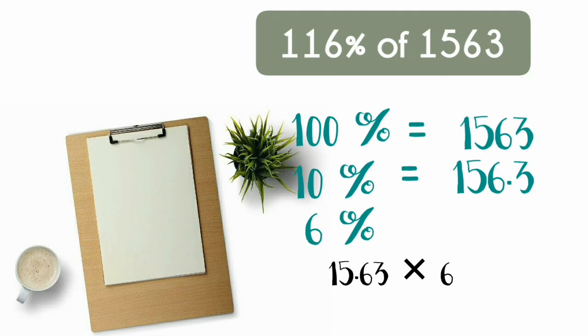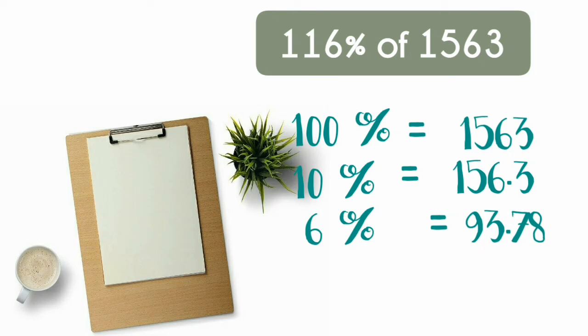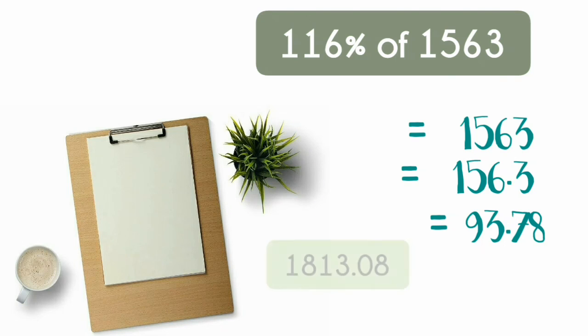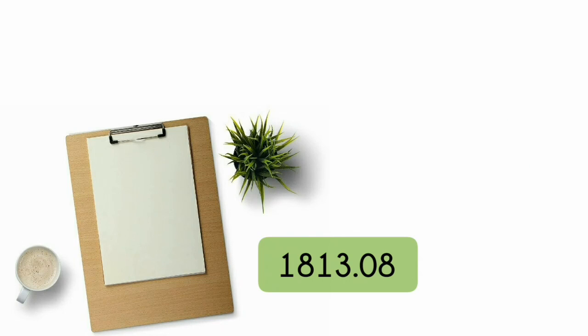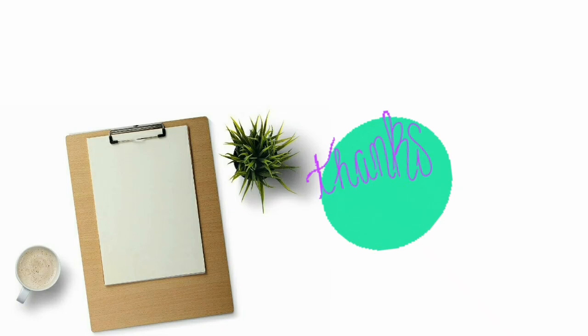In this way we get the 6%. Then after getting the numbers, we add the numbers and we get an answer, that is 1813.08. Just be careful while adding the numbers where the decimal point would be.